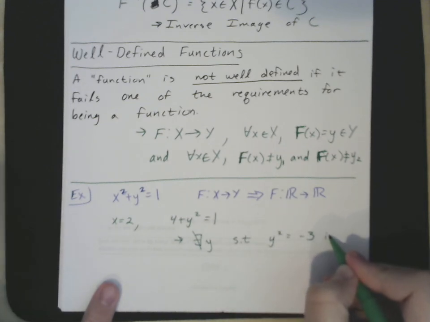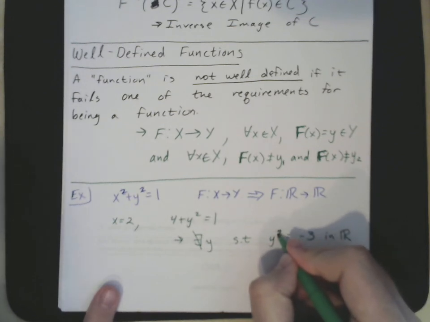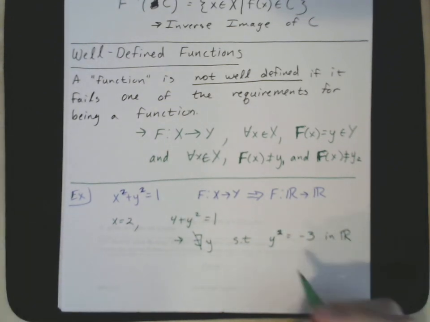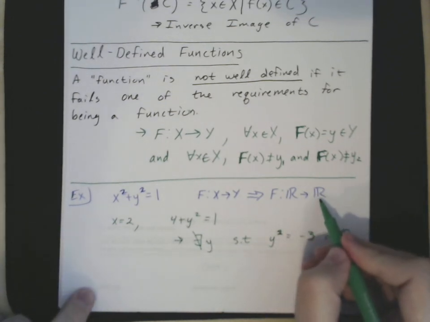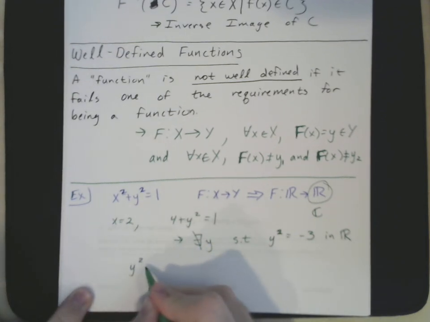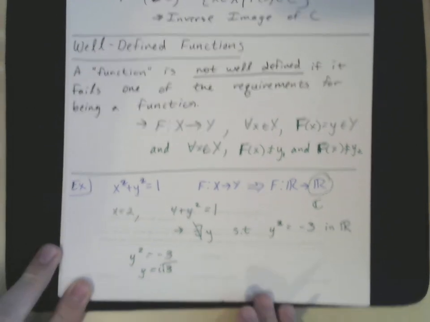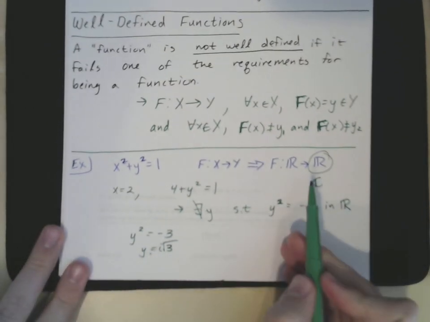This would be in R. So if we change our codomain, though, if we change this to complex numbers, well then we would need y squared to equal -3, so y would equal i times the square root of 3. Well, now we have an element that works in our codomain.